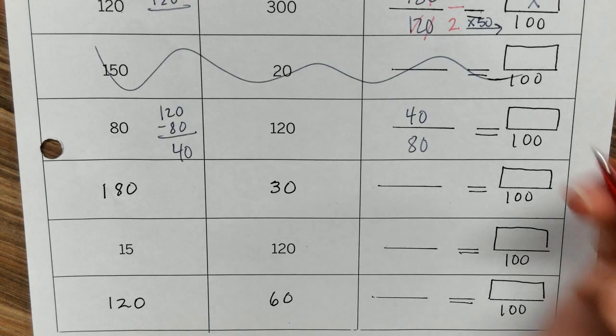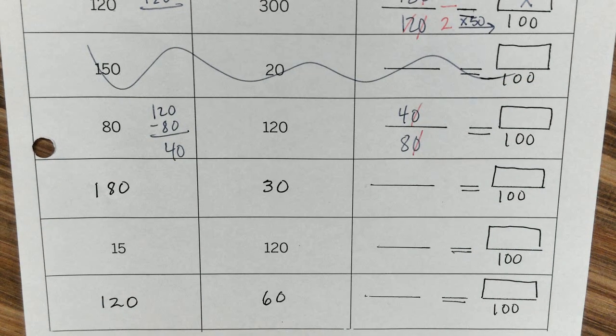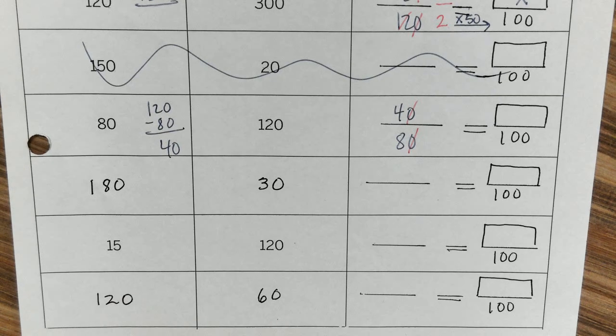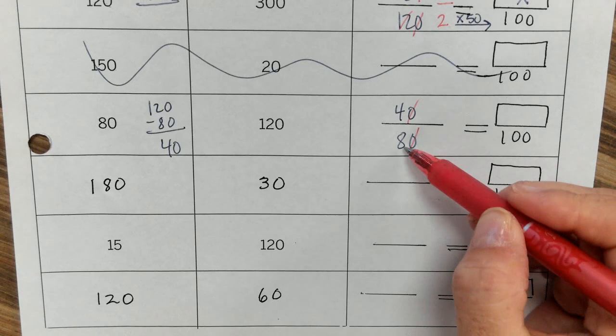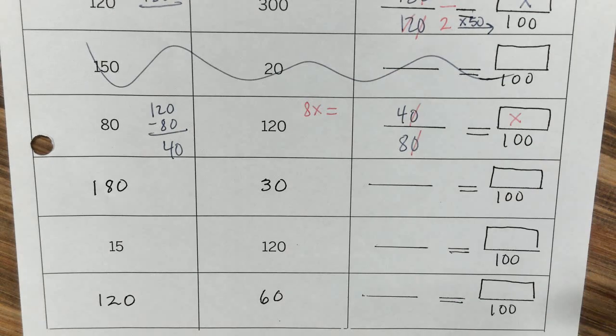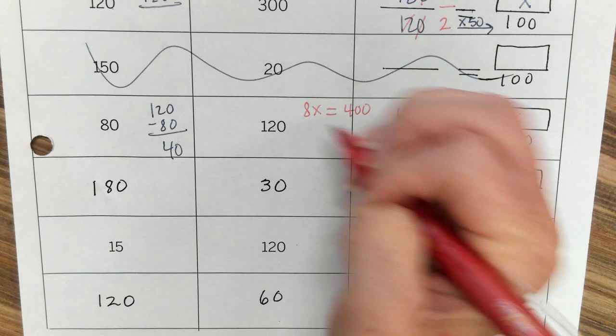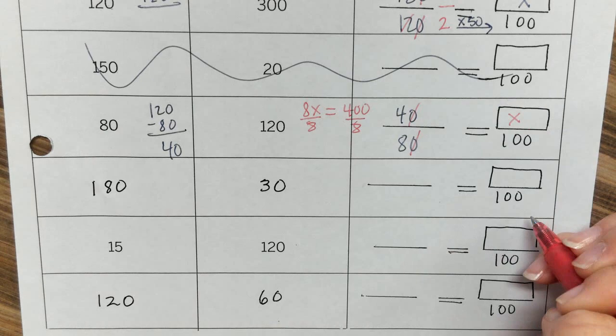Okay, what can I do with these zeros? Take the zeros off. Now, let's do it with cross multiplication and division, just so that everybody can see. So, 8 times X is, and I set it equal to 4 times 100, which is 400, and then I divide by 8.